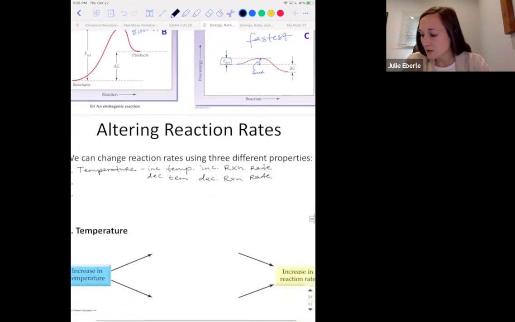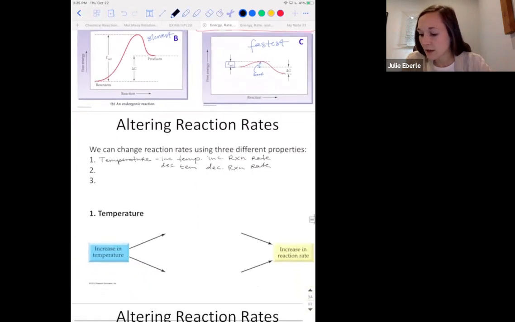So let's look at this figure I have just down below. If we increase temperature, right here in this blue square, how does this increase the rate of the reaction? Well, reactions are just the collisions of atoms and molecules. When you increase the temperature, you are increasing the energy that those molecules contain.